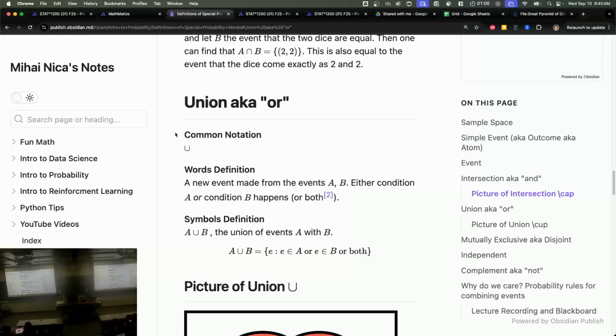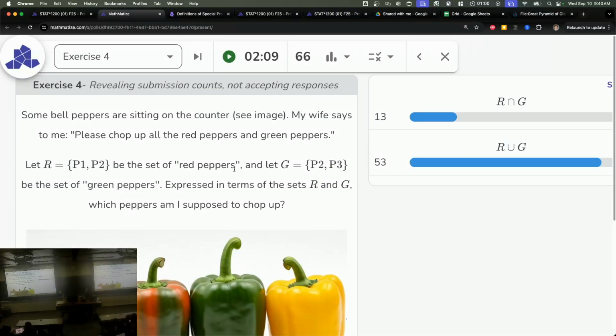And this is very confusing to some people, because if you read the question, it says the word and. Please chop up all the red peppers and all the green peppers. So you guys all said union, which is or, and then the question says and. But nevertheless, you guys are all right. So very good job, people who selected union or who figured out that it was union or who explained it to your neighbor. Great work.